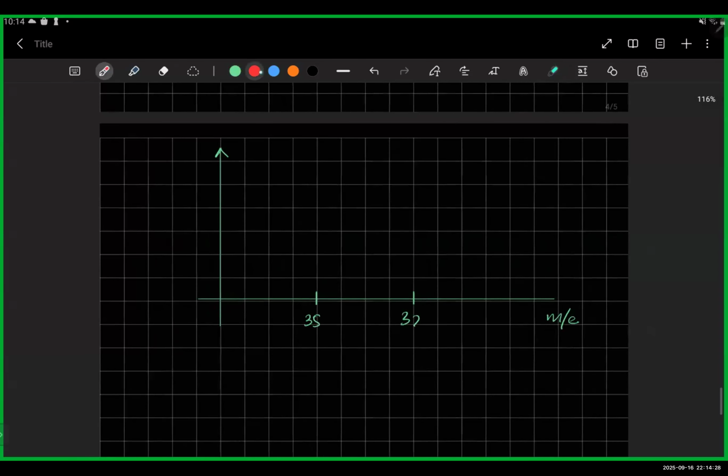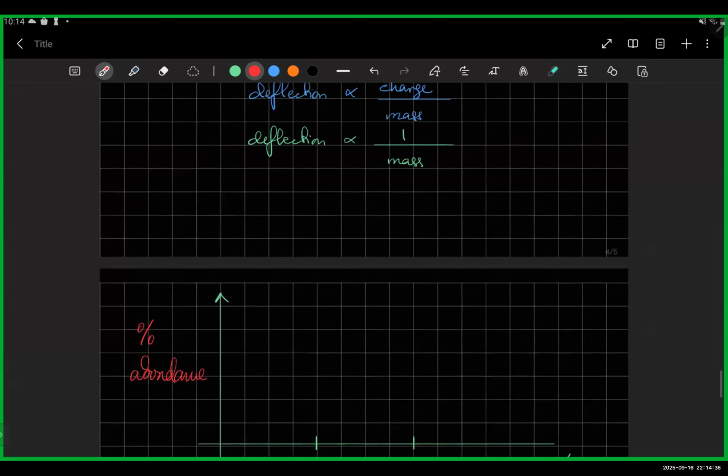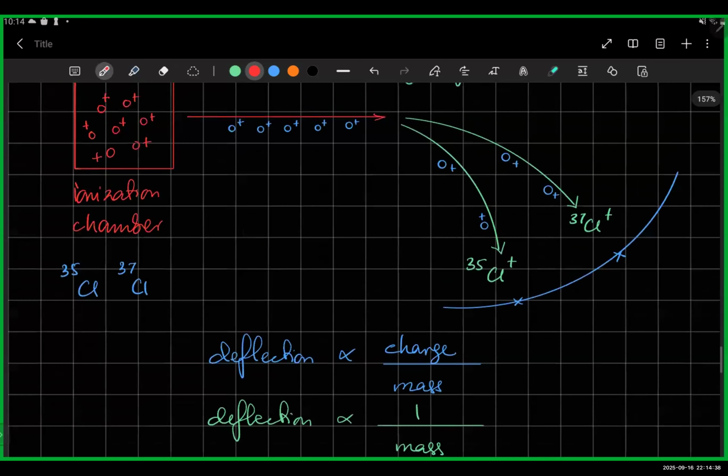But the more important thing is, you'll also get the percentage abundance. You'll get the number of particles that are getting detected. A current would form, and normally what happens is a current gets formed. So normally what happens is that 35 wala isotope hai na, that's got a lot more abundance. And there are far fewer 37 particles. Almost 25% of the particles are 37 and 75% of the particles are 35.